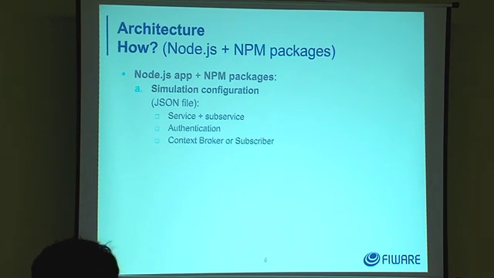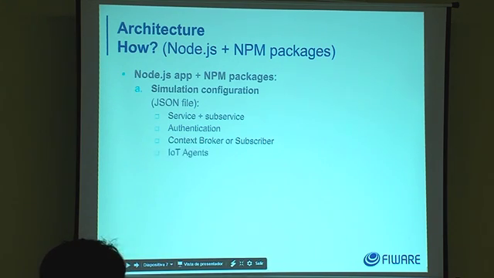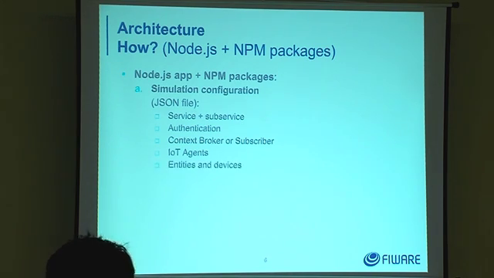You will also be able to provide the context broker instance or subscriber instances you want to use, the ones the simulator will be communicating with. You will also be able to configure IoT agents, once again using the Ultralight and JSON formats, and model the entities or devices you want to simulate. So the simulation configuration is really the main component, the masterpiece of the simulator we will be seeing.